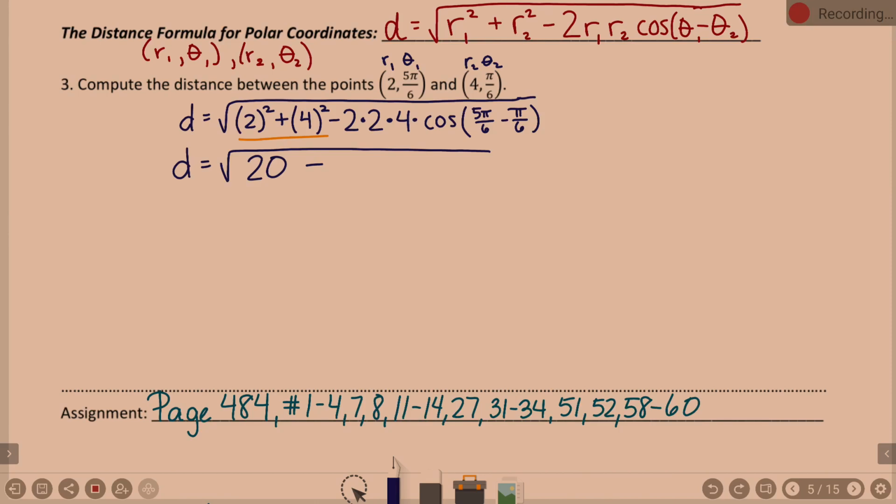I say this because some of you were doing this in the last chapter. Okay? So minus, what's 2 times 2 times 4? 16. Cosine of, what's 5 pi over 6 minus pi over 6? 4 pi over 6, pi over 3. Okay. 4/6 reduces to 2/3.